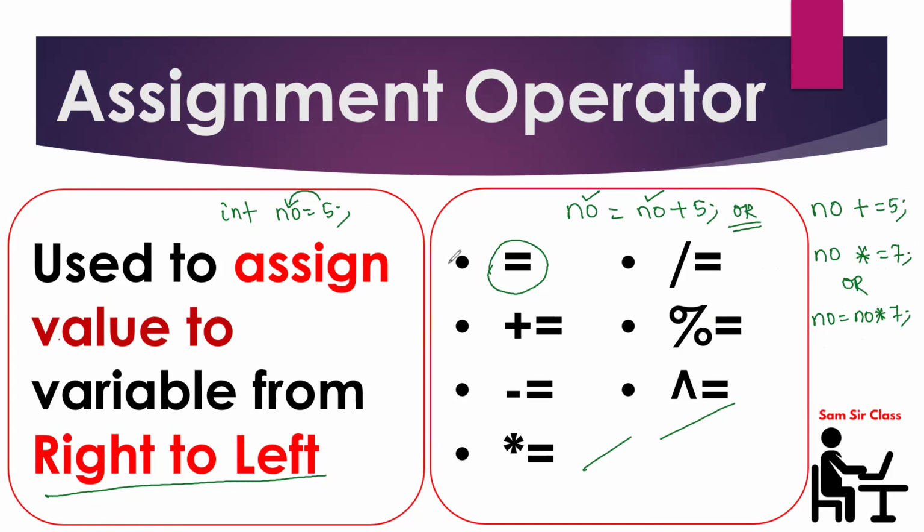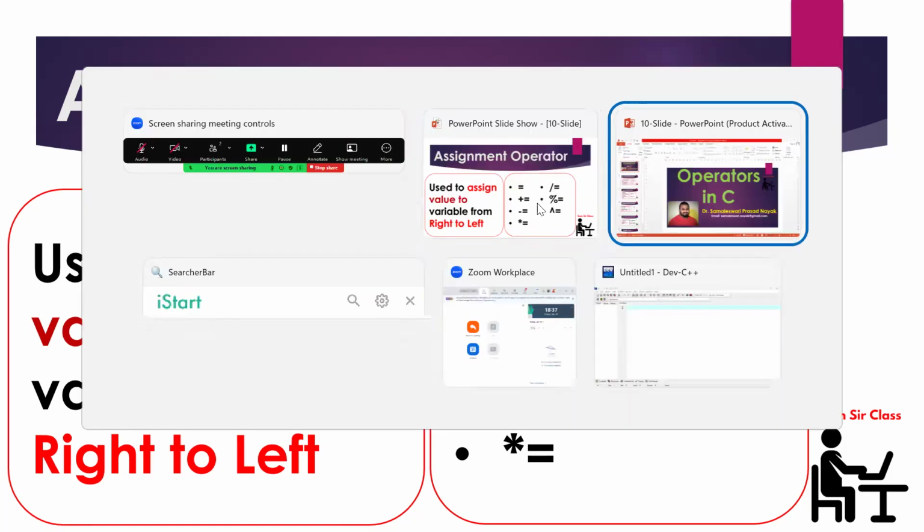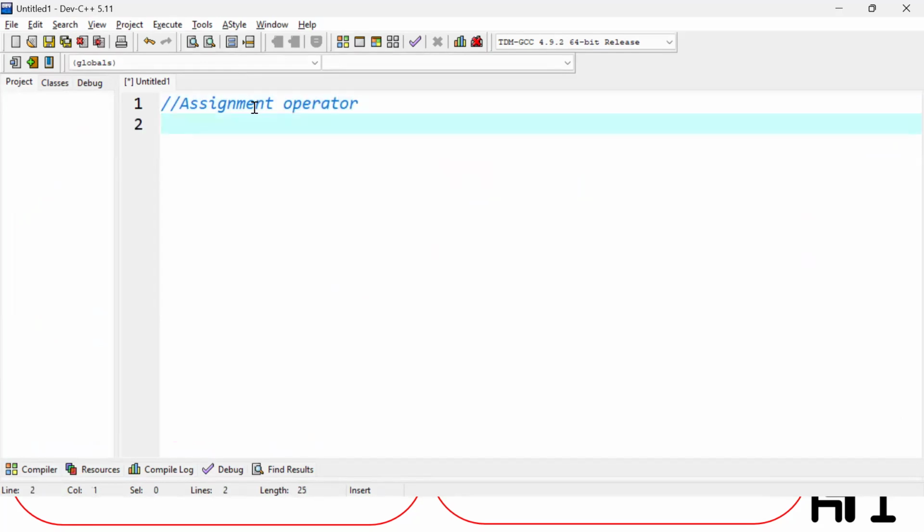So if you want, we can see it through one example. Let us write one simple example of the assignment operator. We have to write down the basic requirements first.